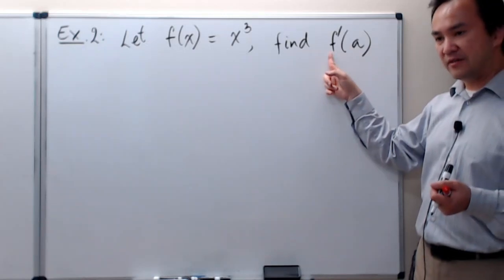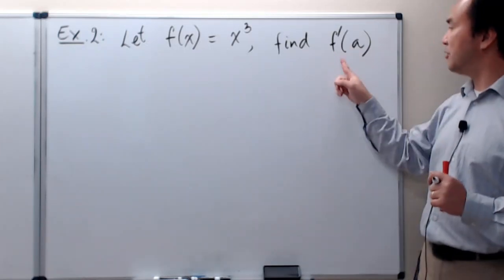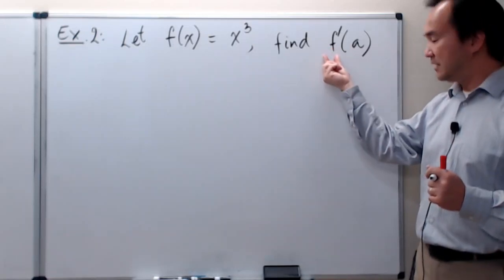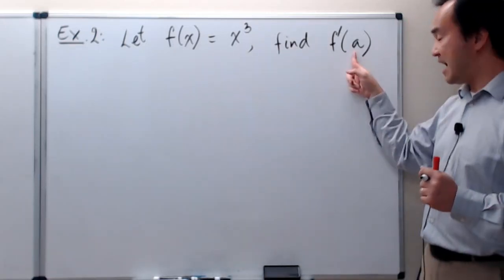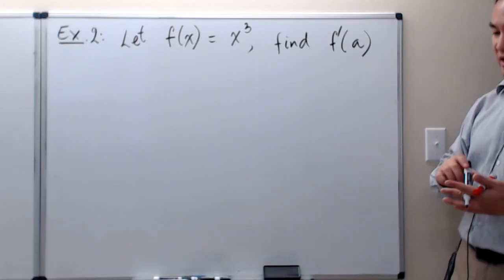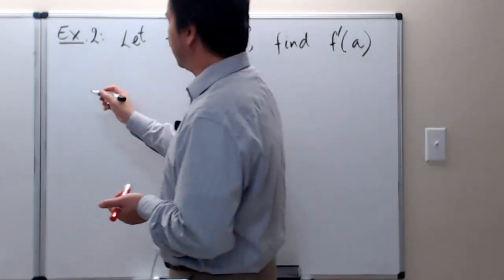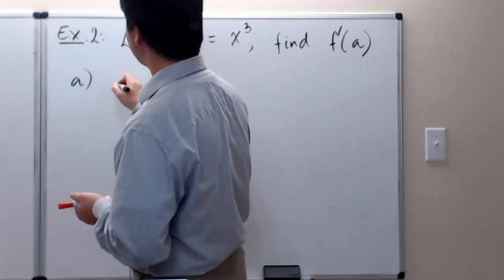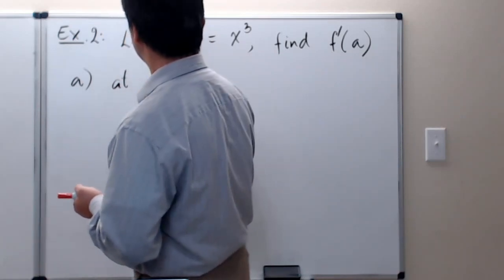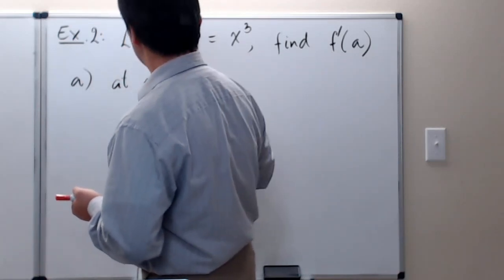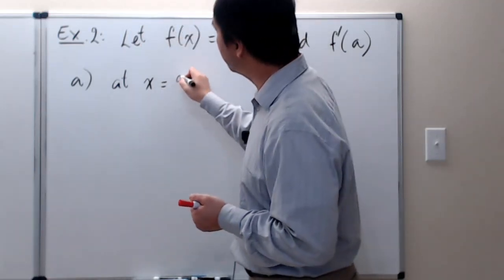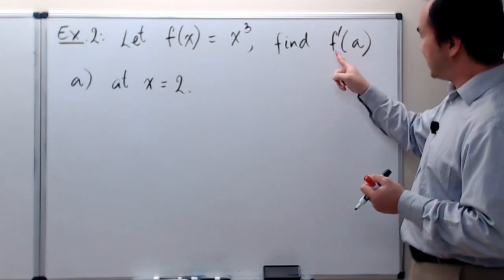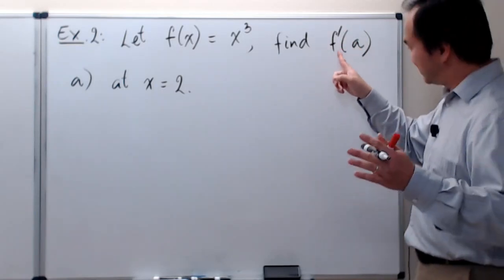Start getting comfortable with this symbol: f with a prime symbol means I want the derivative, or the slope of the tangent line, at some given a. And a here, I am about to give out, so how about at x equals 2.